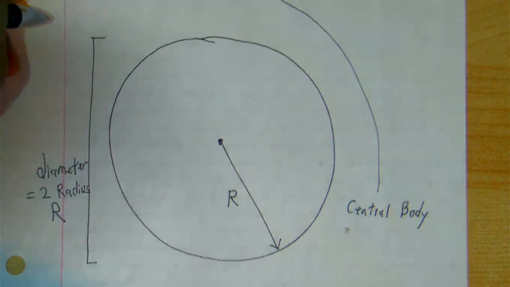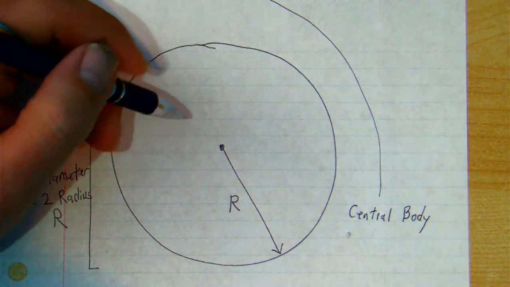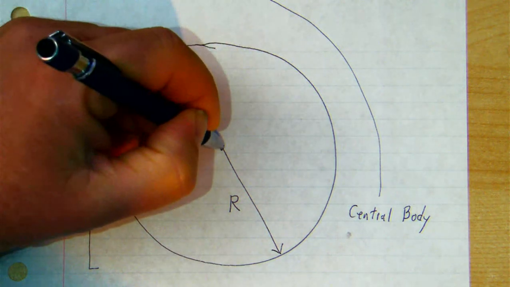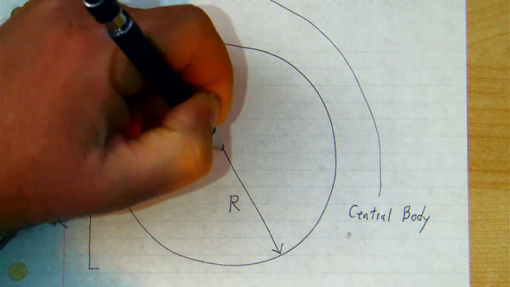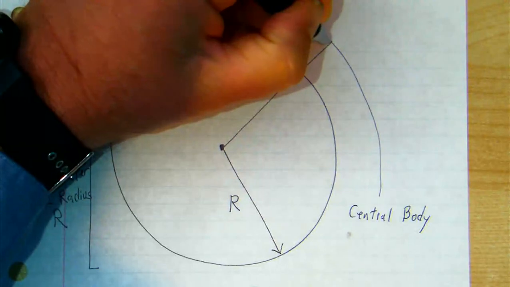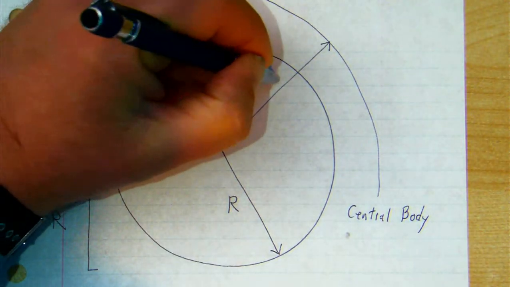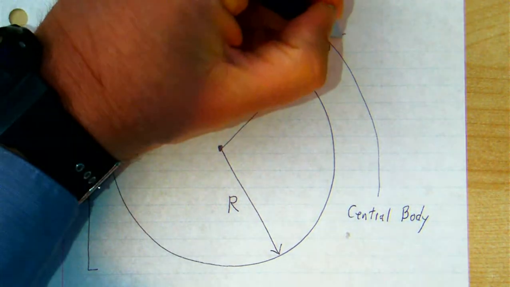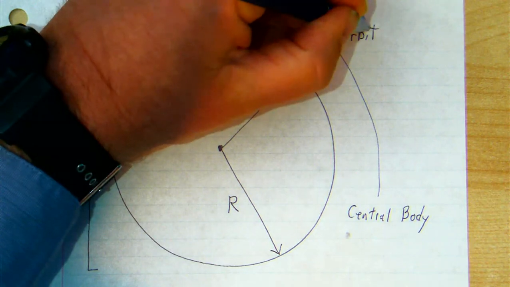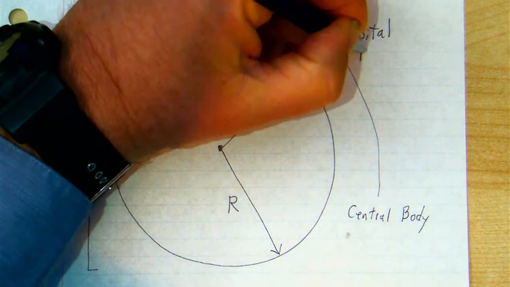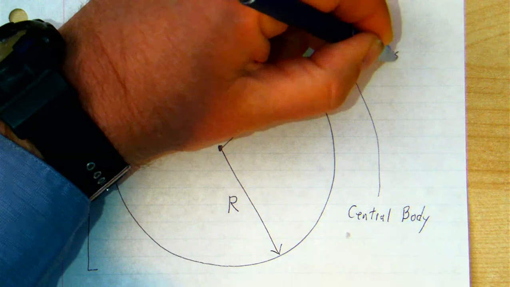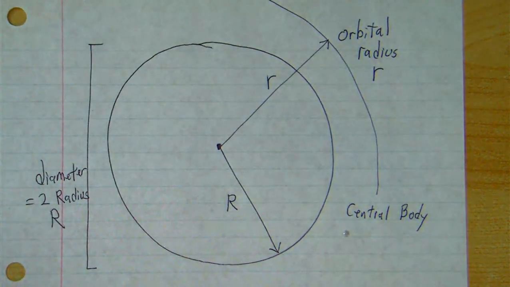And we can describe their location using two different variables. The first one, the one that we really want to use all the time, is called the orbit radius or orbital radius. And I use lowercase letter r to represent that variable.